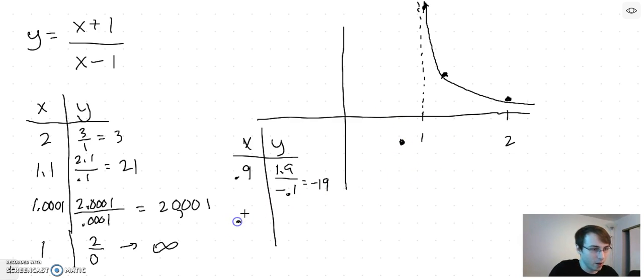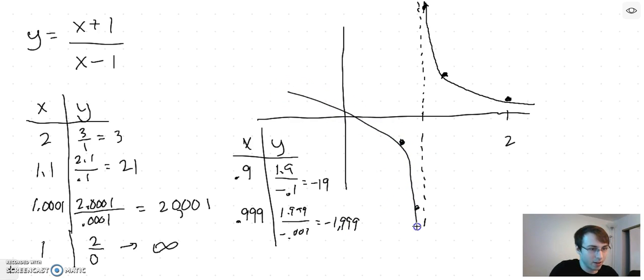When x is 0.999, then y is like 1.999 over negative 0.001, which is negative 1,999. So you can kind of see what's happening on this side. It's going down to infinity.